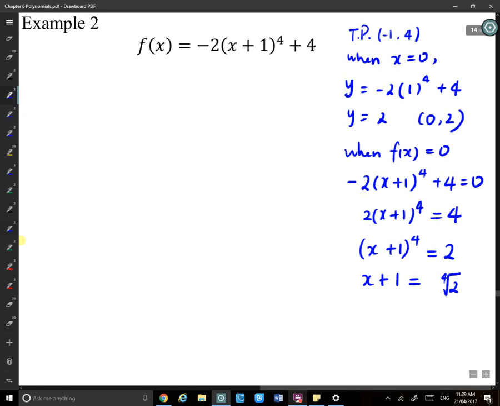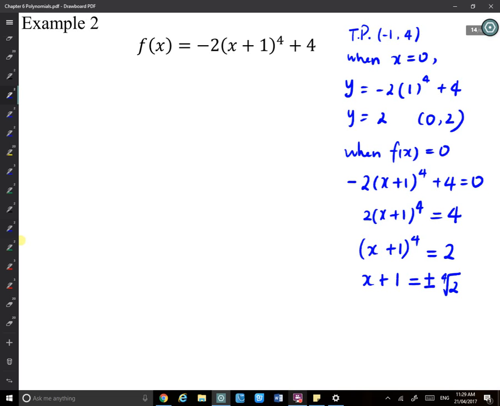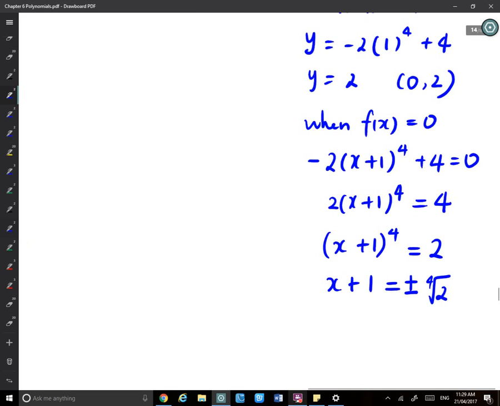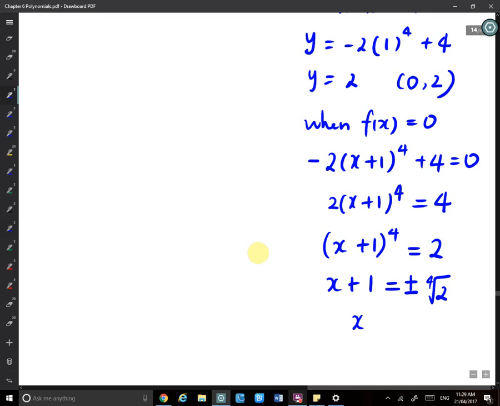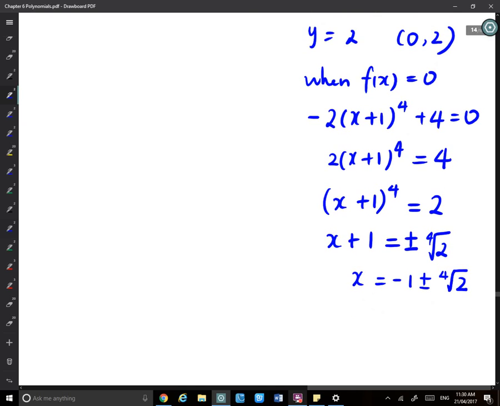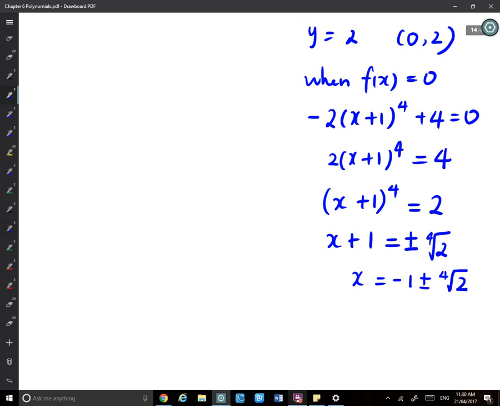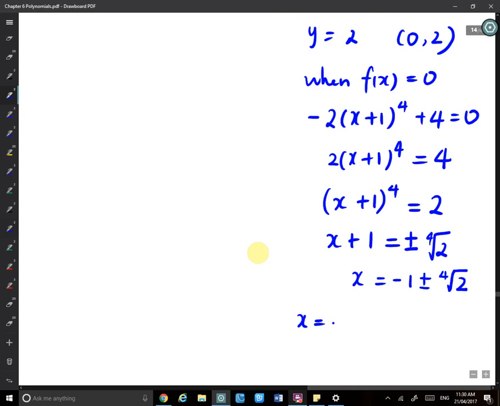Anything else? Plus, minus? Okay, don't forget plus, minus. I think you're doing well on square root now, but like any even power, you will have plus, minus there. So x equals -1 ± the fourth root of 2. So you have x equals -1 + the fourth root of 2 and x equals -1 minus the fourth root of 2.